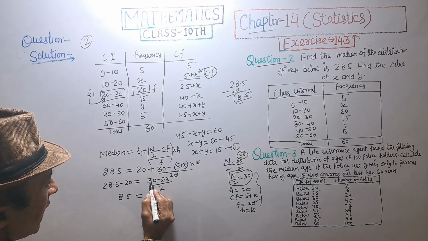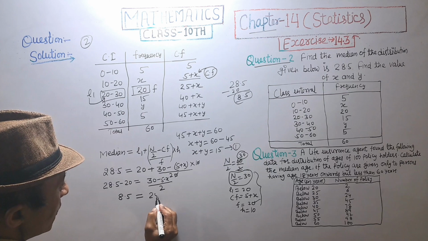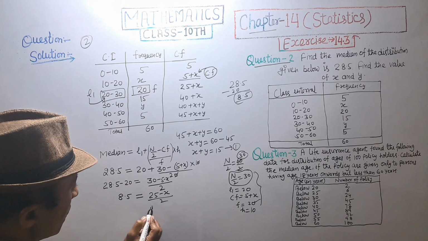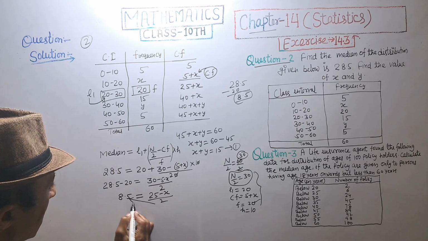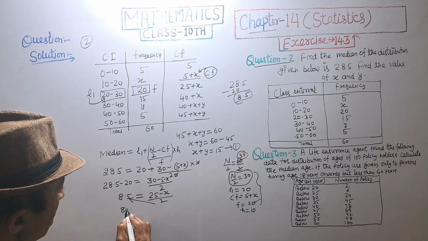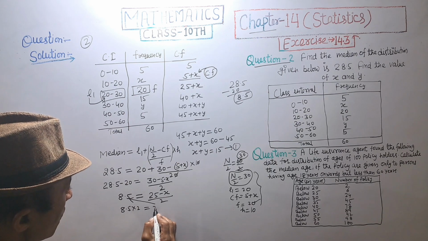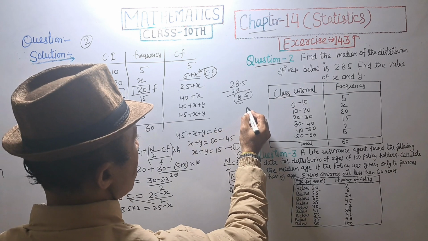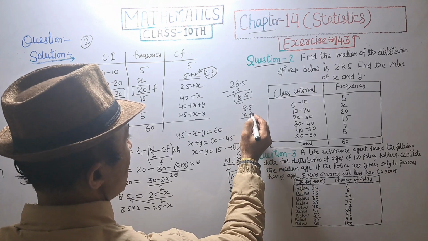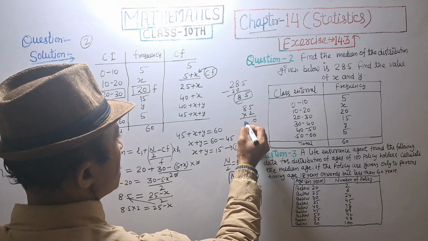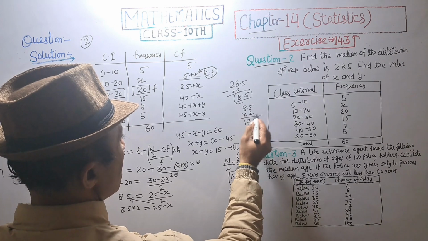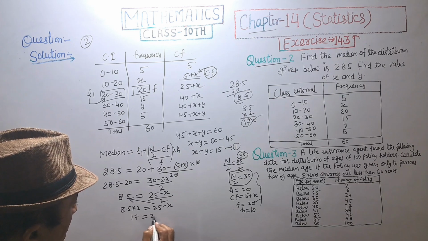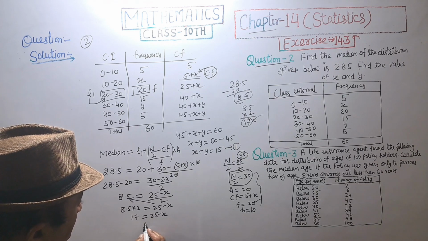8.5 is here, and 30 minus 5 is equal to 25 minus x divided by 2. Multiplying by 2 on the left side, 8.5 into 2 is equal to 25 minus x. 8.5 multiplied by 2 means 17, so 17 is equal to 25 minus x.